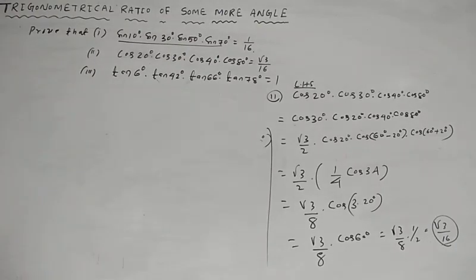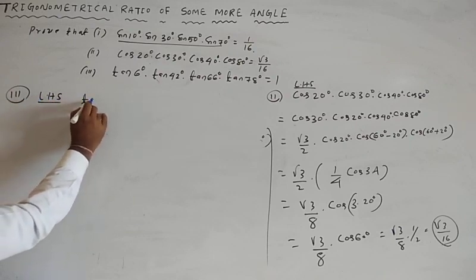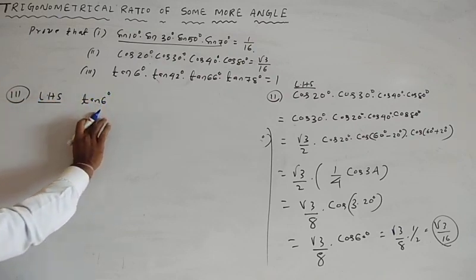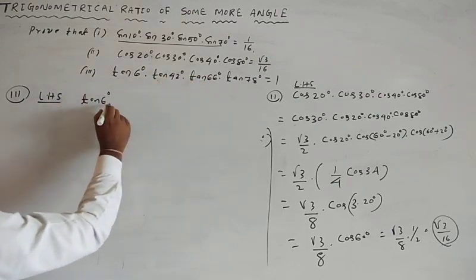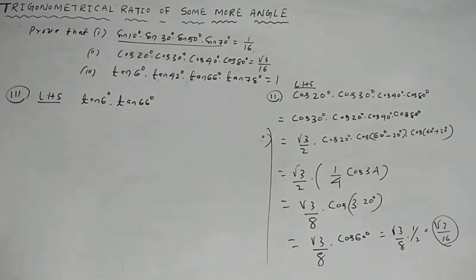So, the proof of the third one: on the LHS take tan 6, tan 6, then you have to write tan 66, because 66 means you have to write 60 plus 6.